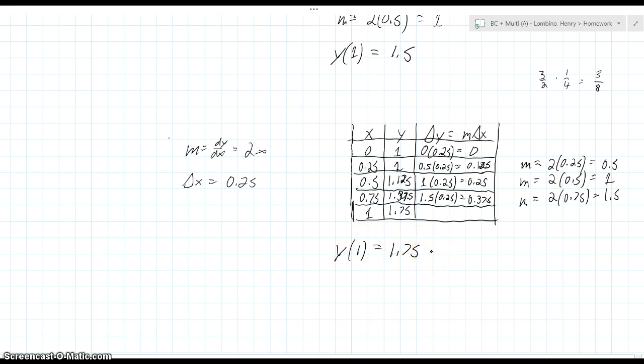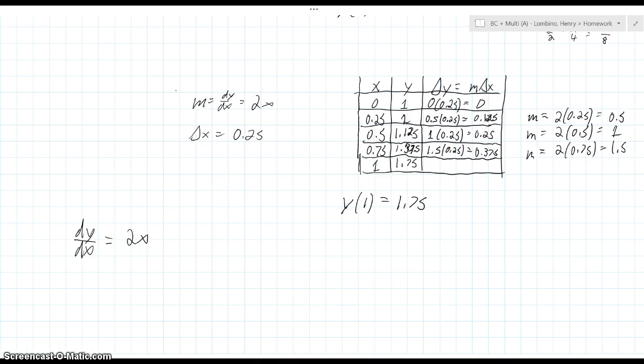Now let's compare this to the actual answer. So we know from this that dy/dx equals 2x. So let's turn this into an integral. We're going to have 1 dy equals 2x dx. We're going to integrate both sides.